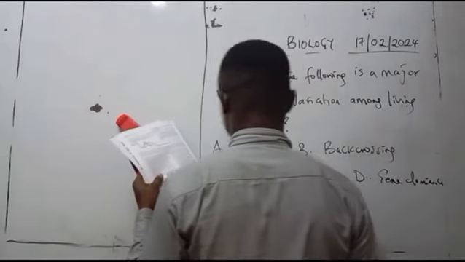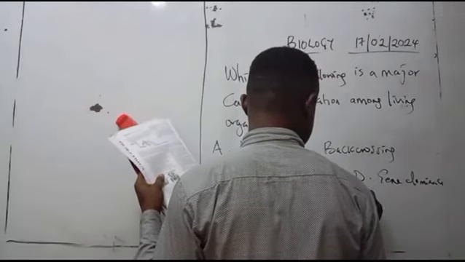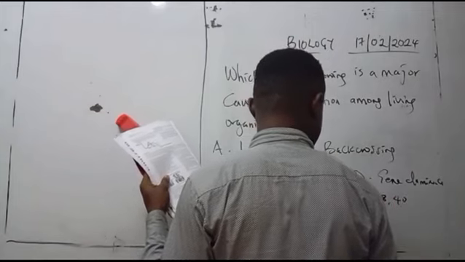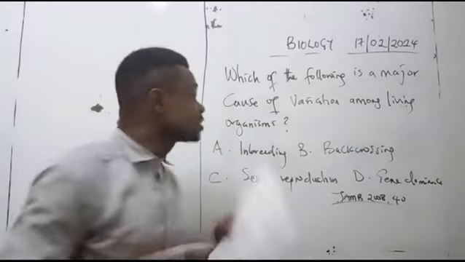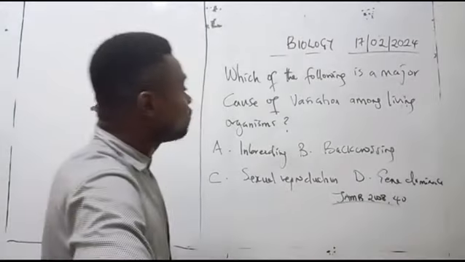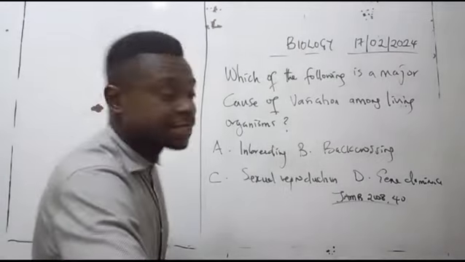This is JAM 2008, question 40. The question says, which of the following is a major cause of variation among living organisms?